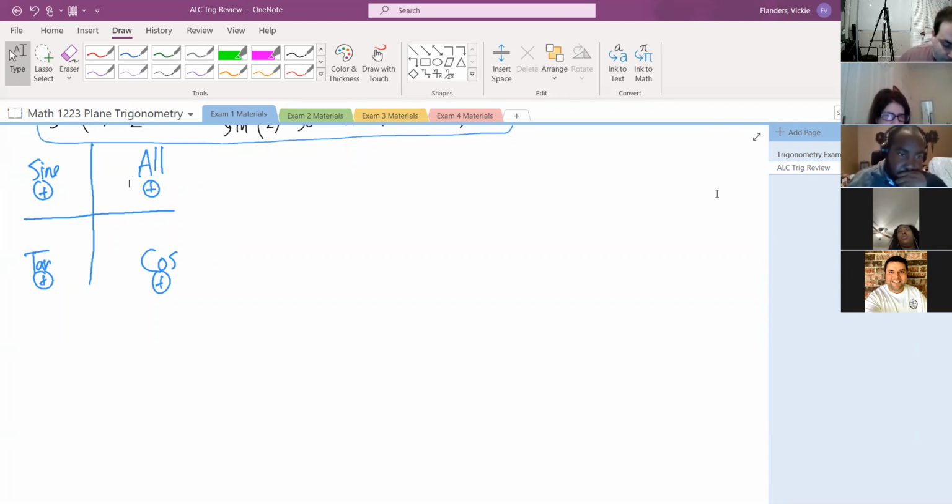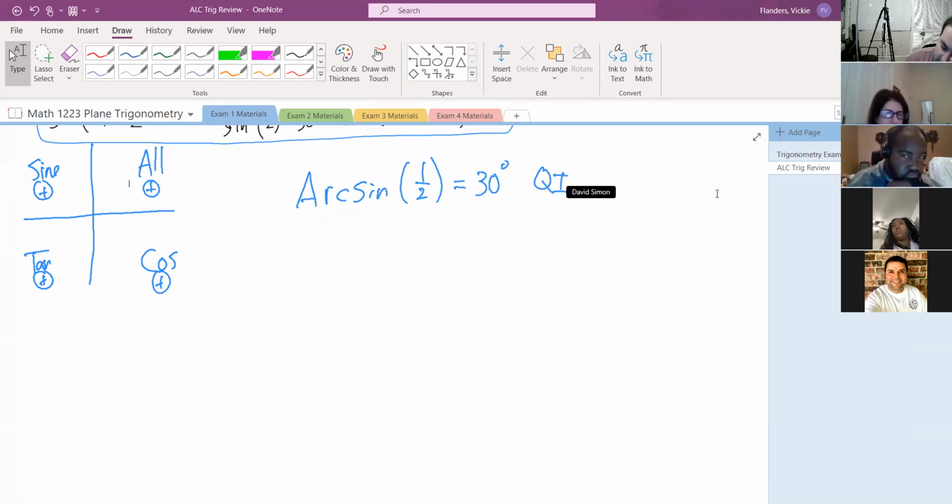So what you have to remember is what it means to ask about these ratios when we're doing these inverses. For example, if I were to ask, what is the arc sine of 1/2, like we just did? I showed you the actual definition of that is 30 degrees. Notice 30 degrees is a quadrant 1 answer.